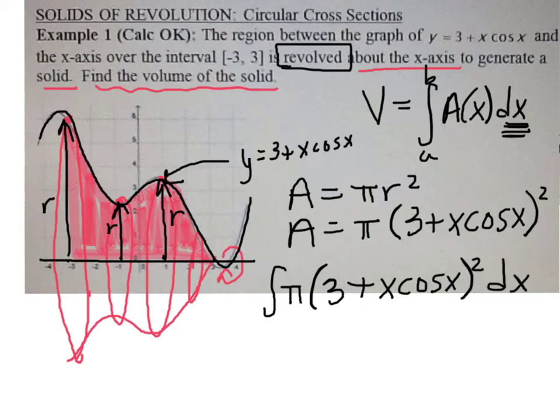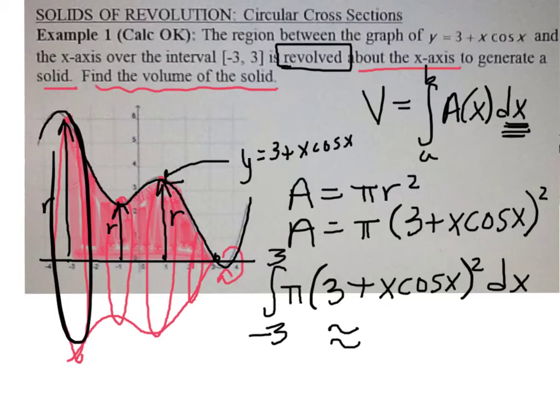The circle slices started at -3 and they go until +3, so that's what our bounds are. And this is a calculator allowed problem, so you can type that in exactly like you see it. And if you keep the pi within the integral, you'll get a decimal approximation.